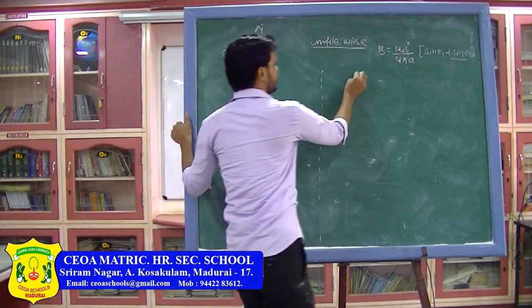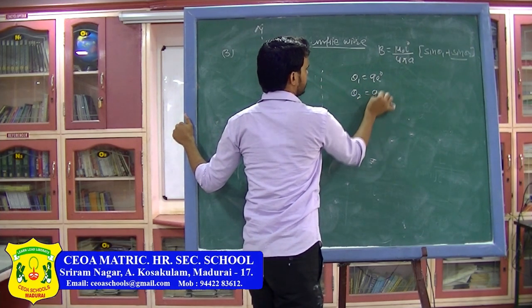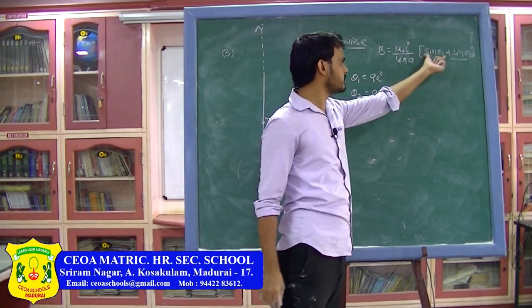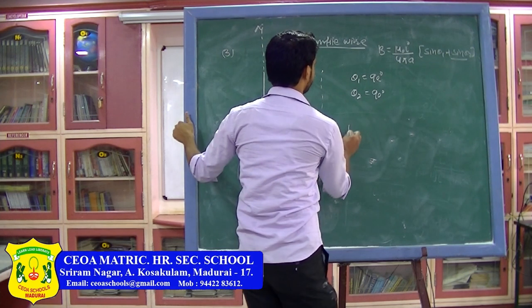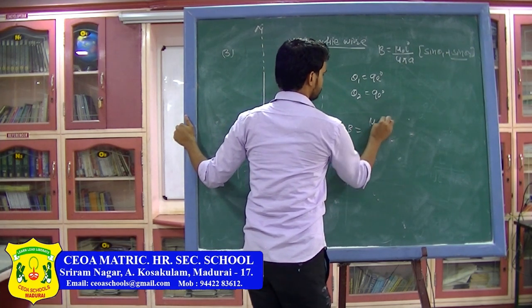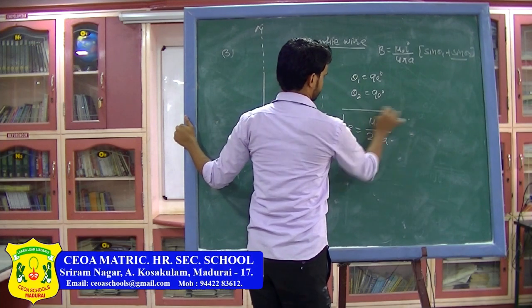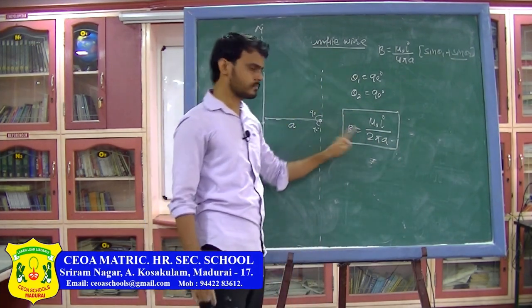If I replace these two values, this will be sin 90 plus sin 90, which is 2. So the magnetic field will be mu naught I divided by 2 pi a. This is the magnetic field due to an infinite wire.